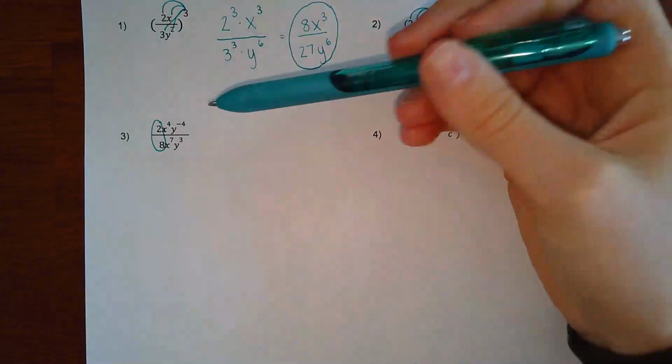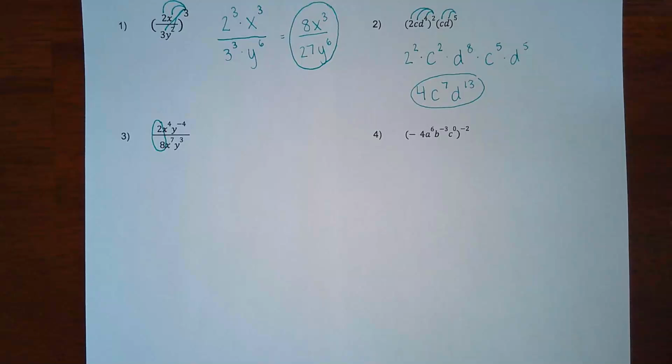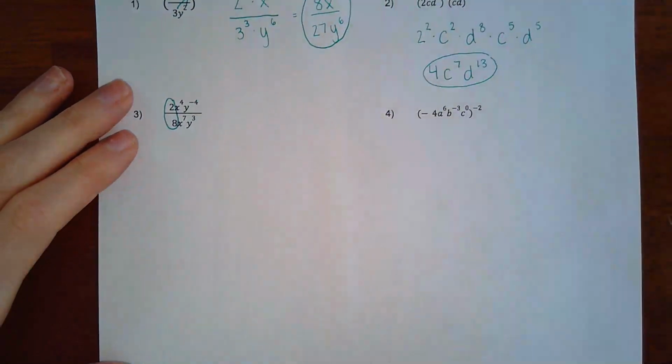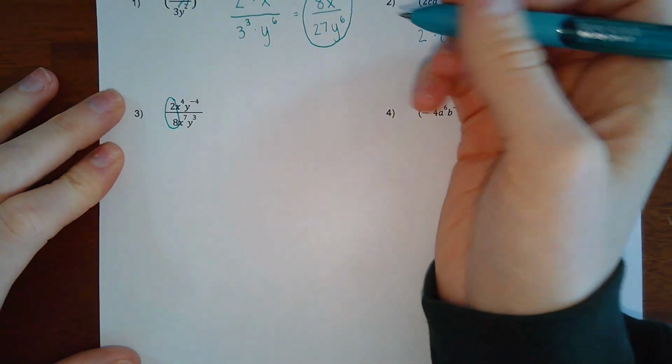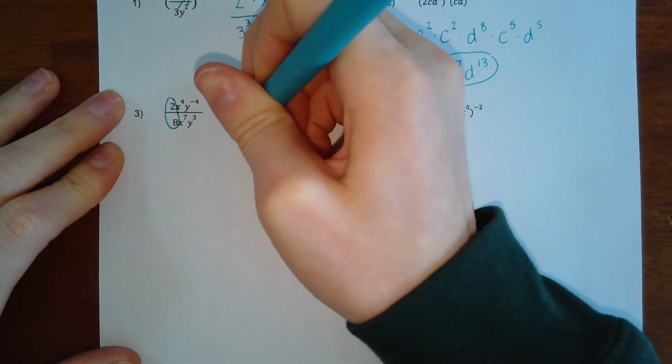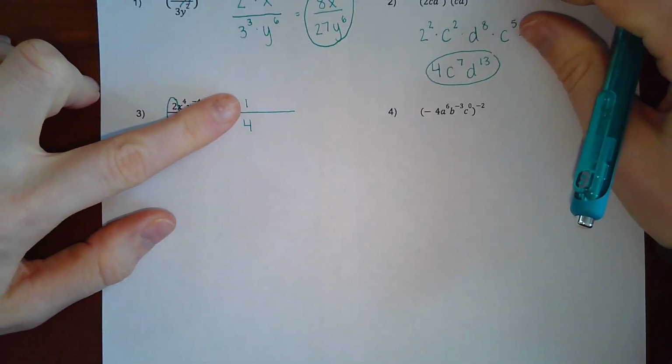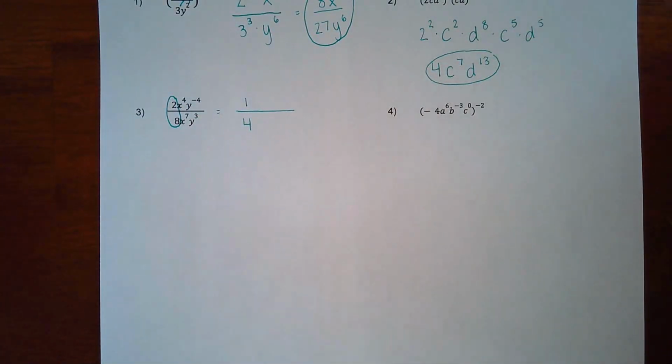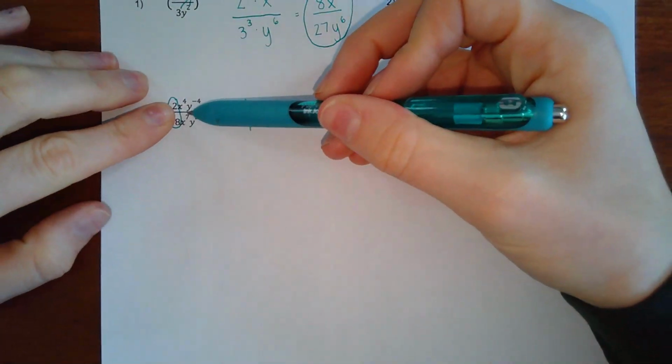So if I get a decimal, I'm just going to leave this as a fraction. Really the only thing that we could do there is simplify that and make it 1 over 4. So instead of 2 over 8, I could change that to 1 over 4, but I can't divide those, so I'm just going to leave that. Then we can subtract our exponents.